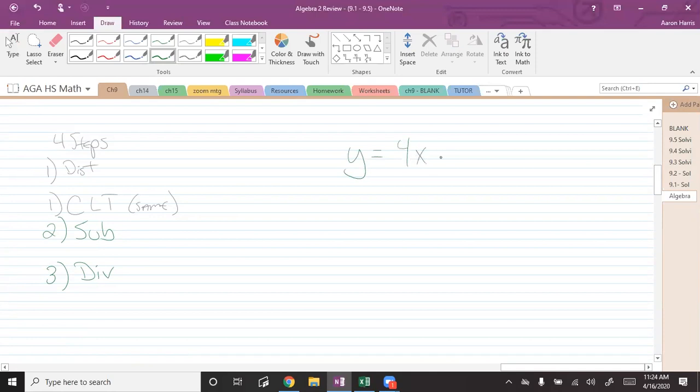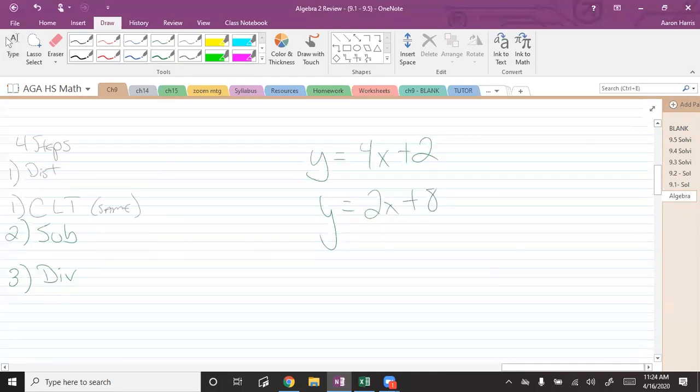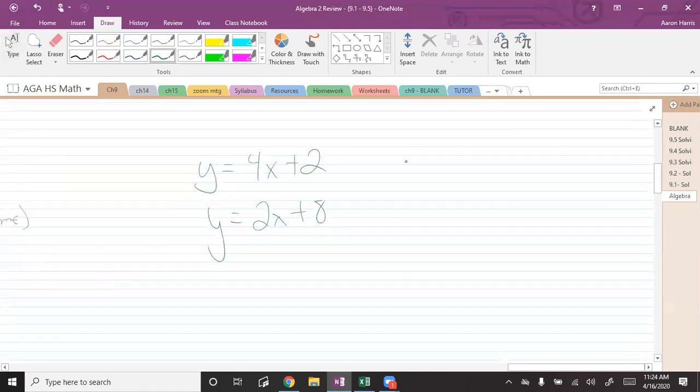4x plus 2. Y is equal to 2x, let's put plus 8. And watch me change this. I'm going to change this to negative 2x plus y is equal to 8. So now I can erase this.